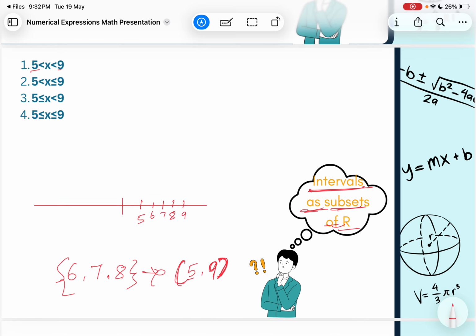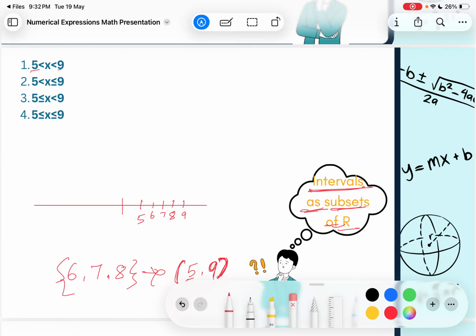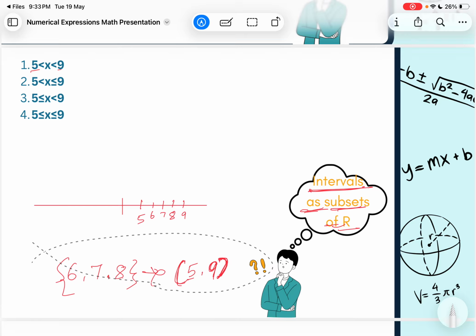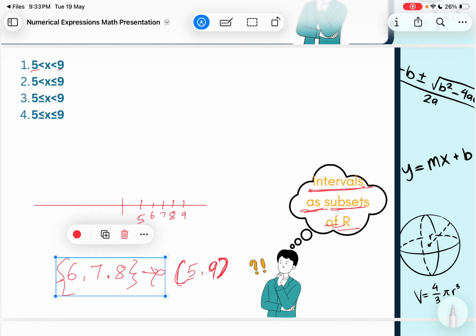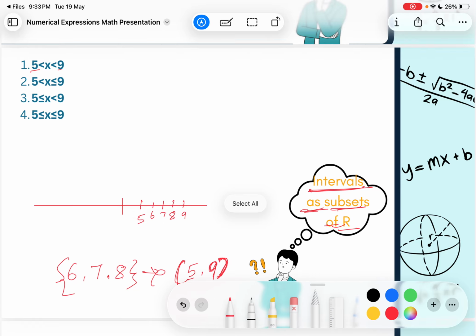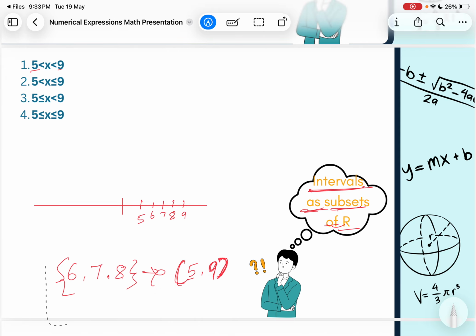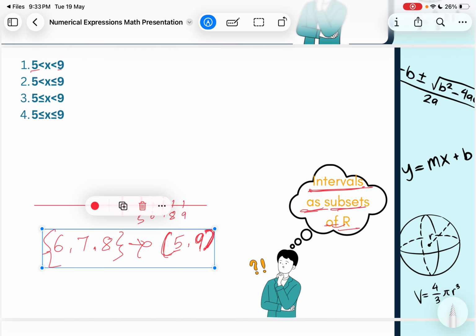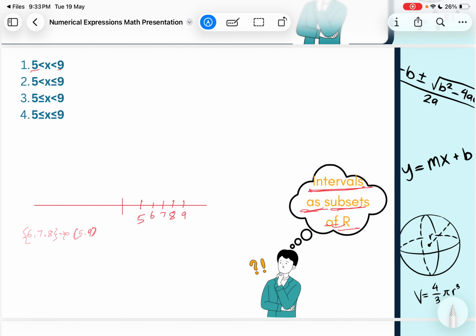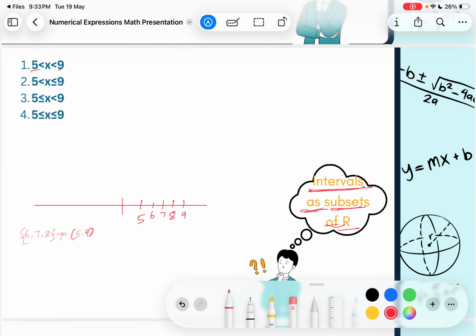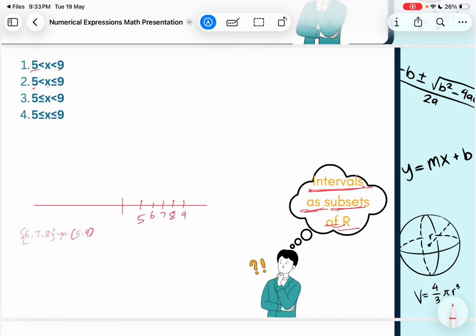Okay, now we have another example. Let me move this and make it smaller, since it is not good practice to clear all these things. Now in the second example, it's saying that x is greater than 5 and x is less than or equal to 9.